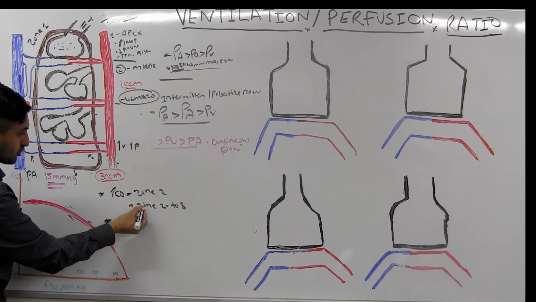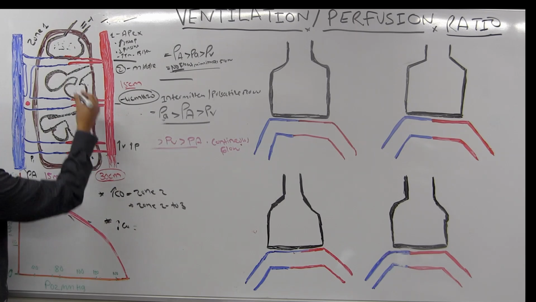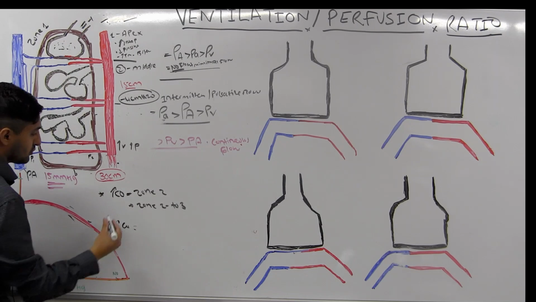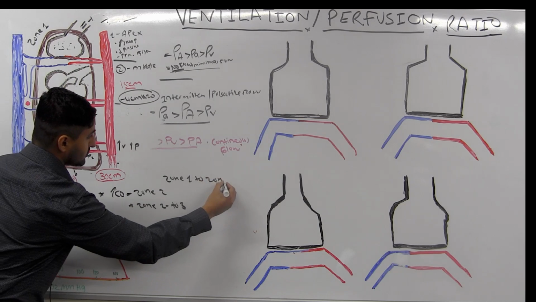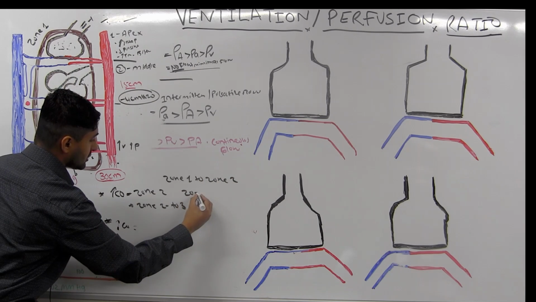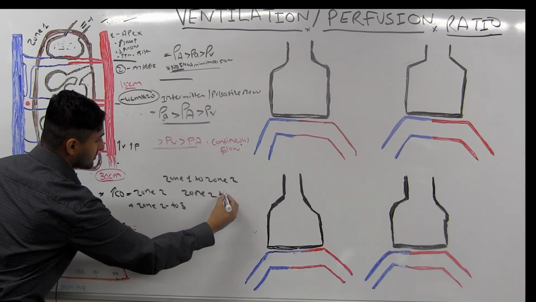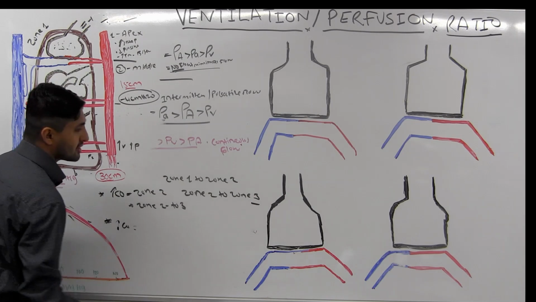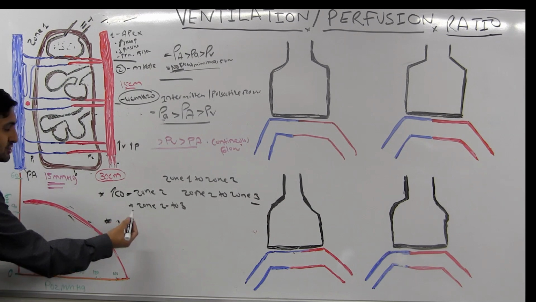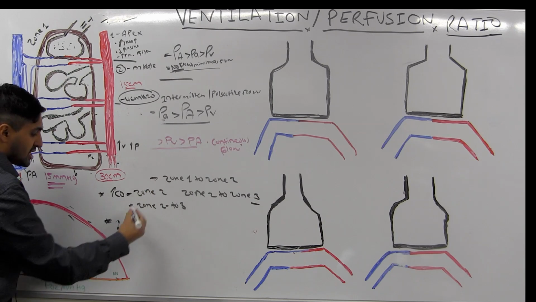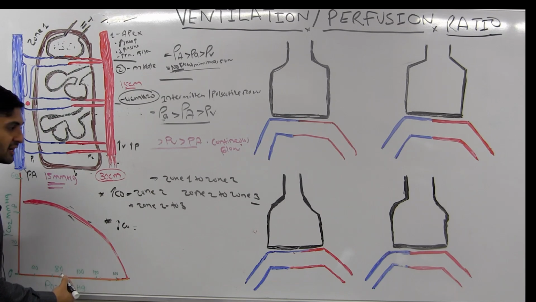Zone 1 may become your zone 2, and your zone 2 can actually become your zone 3. And remember, zone 3 is where the best perfusion and best ventilation are. So you can see changes when you have an increase in cardiac output.